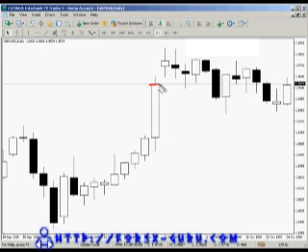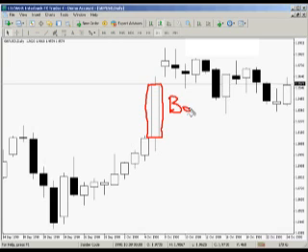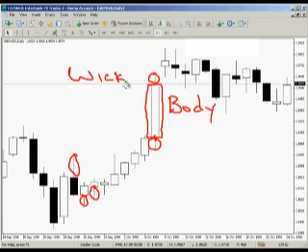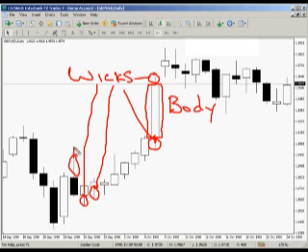This part here, between the open and close, is called the body. The parts here, here, here, are called wicks. Wicks. Each one of these.